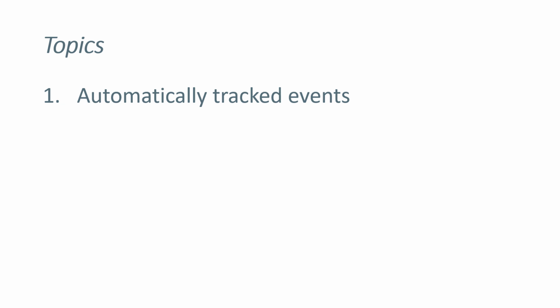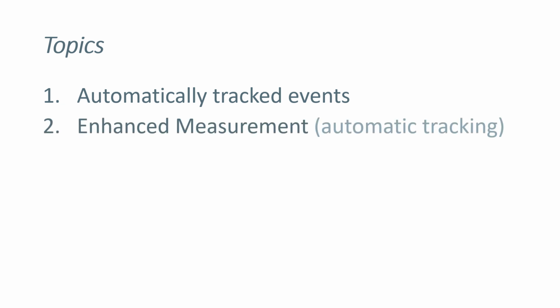In this video, I'm going to cover the following topics. First of all, we will take a look at the automatically tracked events. Then we will take a look at the enhanced measurement, which is also part of the automatic tracking, but it tracks some additional events that were not available in Universal Analytics, such as clicks, scrolling, and so on. Then we will take a look at some recommended events. So if you want to track something that is not automatically tracked, then there is a list of events that Google recommends you to implement.